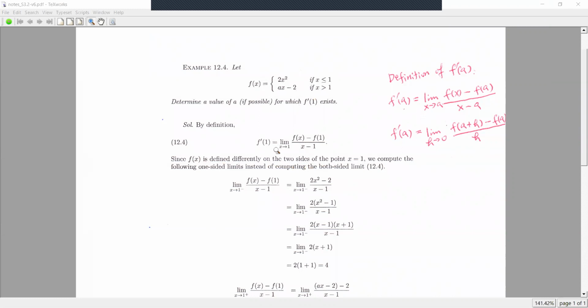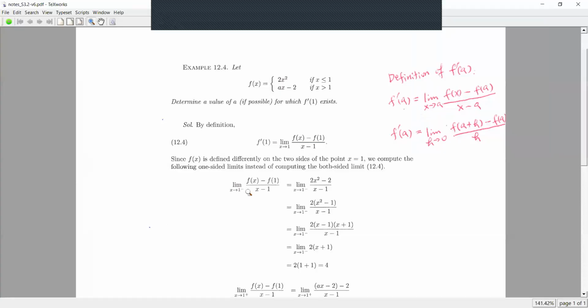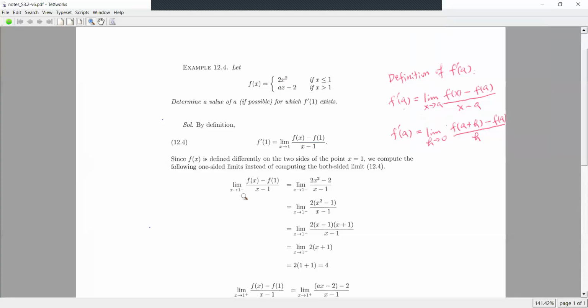So instead of computing this both-sided limit, I compute the left-hand side limit and the right-hand side limit respectively. This is the left-hand side limit at the point 1. X approaches 1 from the left side, so x is less than 1.